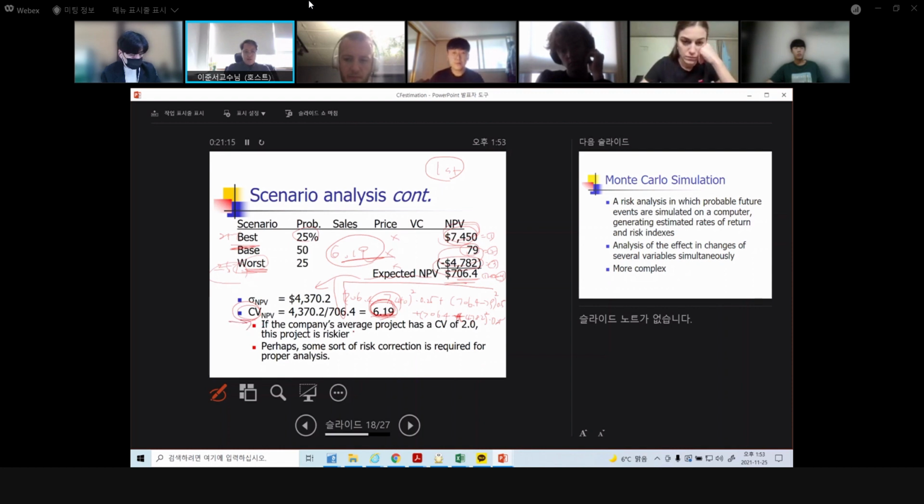If the company's average project has a CV of 2.0, then this project is riskier, right? The CV of project S is 6.19, but the CV of the average project conducted by this company is only 2.